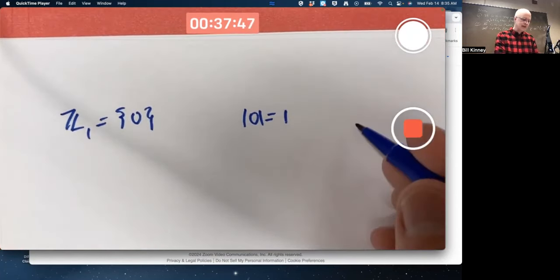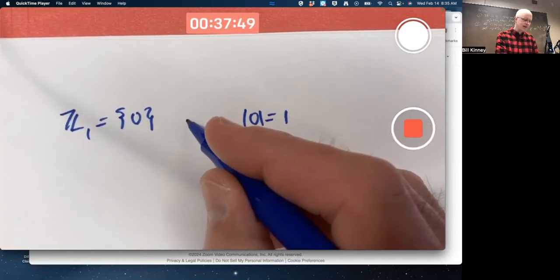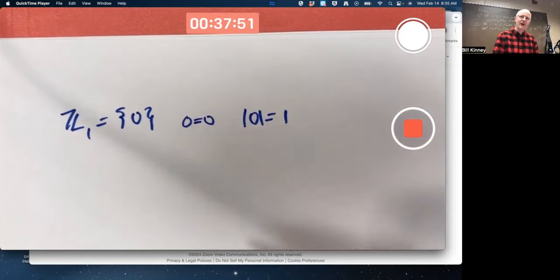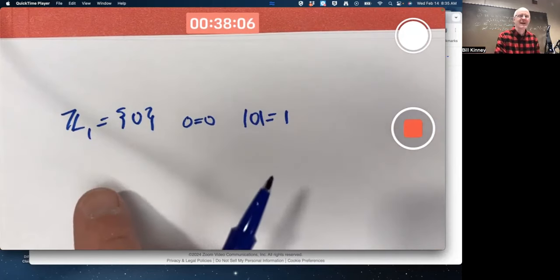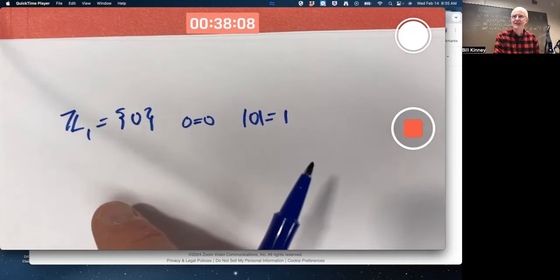I'm saying 0 is already equal to itself when I add it to itself by being itself. I'm not doing 0 plus 0. I'm just thinking of 0 as being the identity. What I'm trying to emphasize is the group operation is addition, not multiplication.